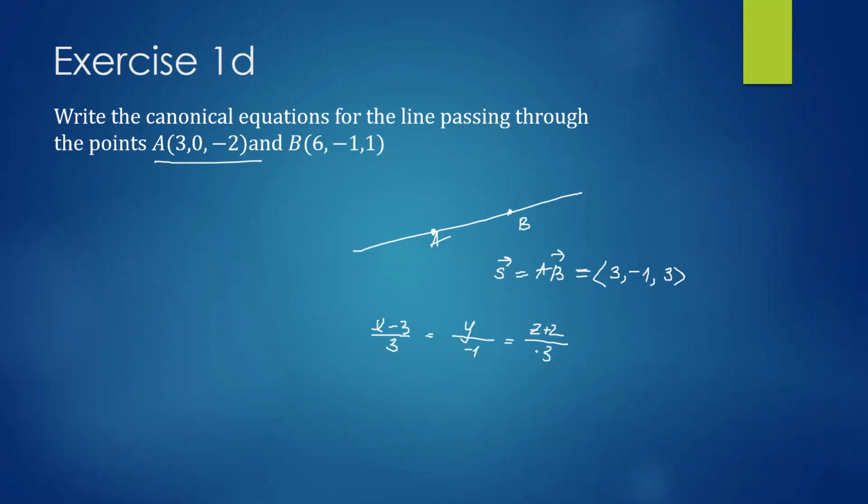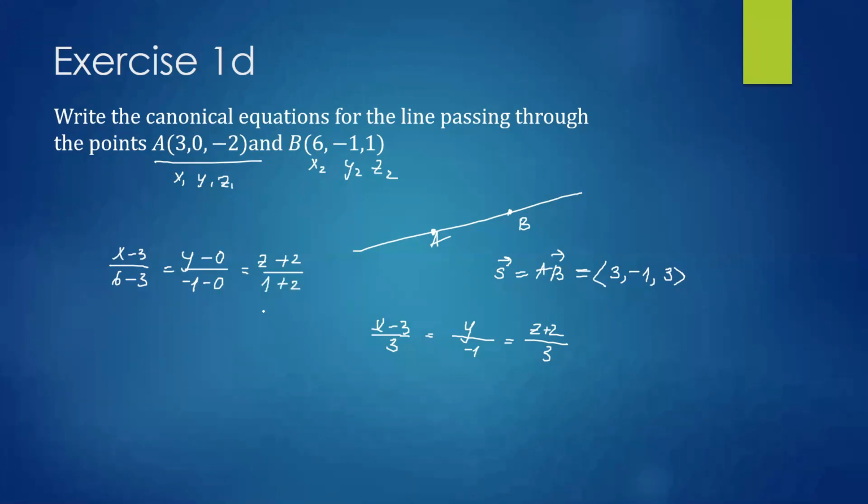So what you can do alternatively is remember that these are, for example, x1, y1, z1, and this is x2, y2, z2, and use the fourth equation template. That was x minus x1 divided by x2 minus x1, y minus y1 divided by y2 minus y1, z minus z1 divided by z2 minus z1.